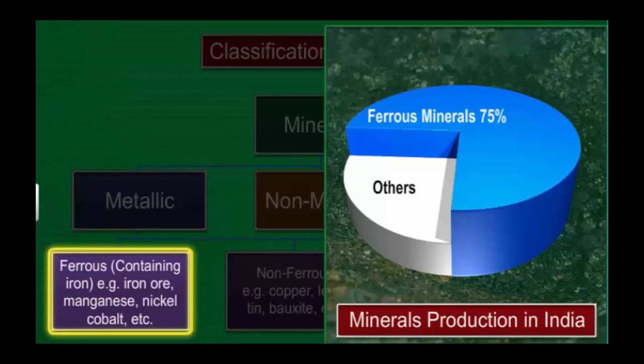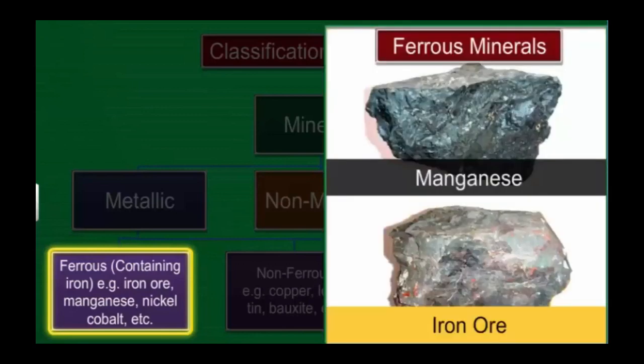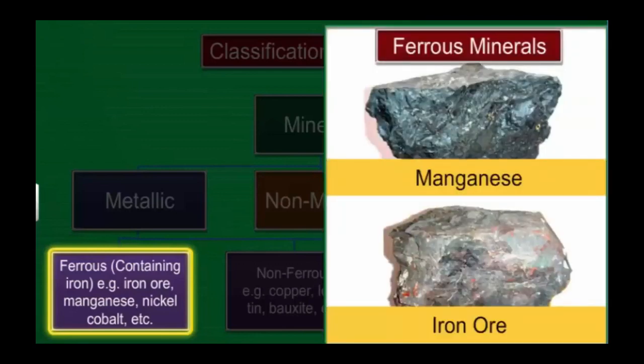The production is so large that India exports substantial amounts of ferrous minerals after meeting the domestic demand. Iron ore and manganese are two important ferrous minerals mined in India.